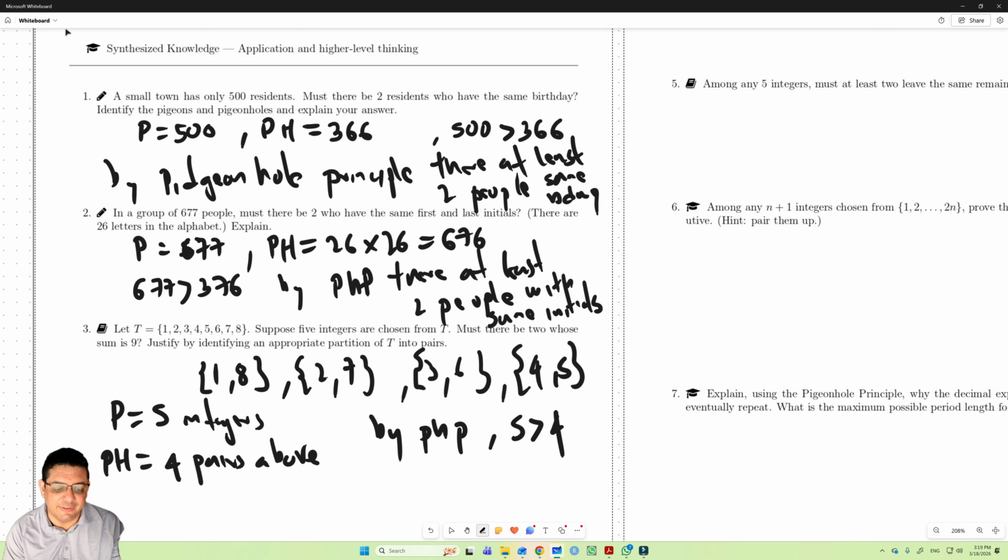So at least 2 numbers are going to be part of the same bin, and so we're going to have at least 2 that add to 9. We have a pair that adds to 9.